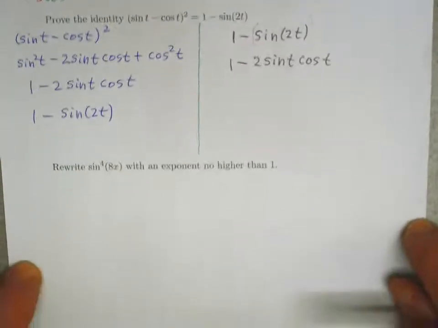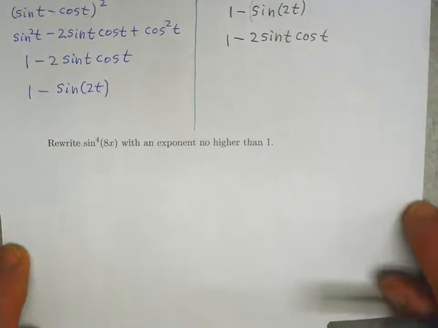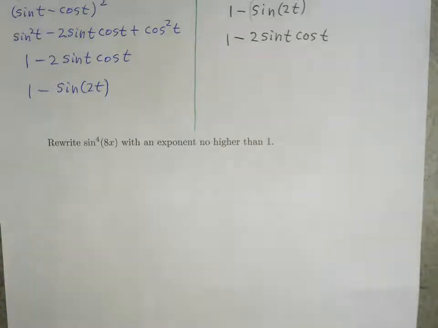Okay, the next exercise, rewrite the sine of 8x to the 4th power with an exponent no higher than 1. Well, remember the reduction formulas. We have a reduction formula for sine of x squared and cosine of x squared.